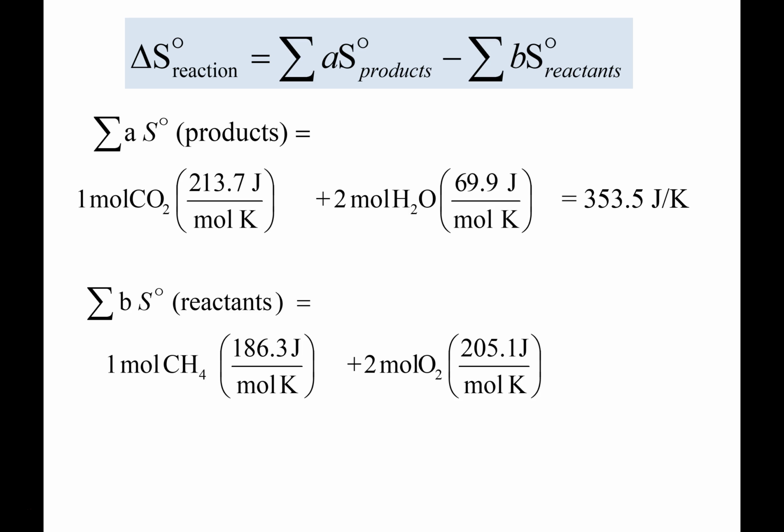Pop that into our calculators, give ourselves 1 decimal, and you should come up with 596.5, and again the units are joules per Kelvin.